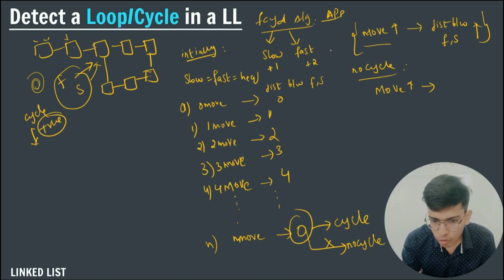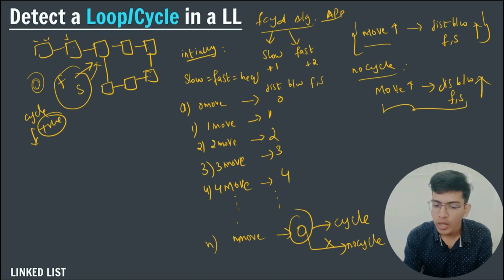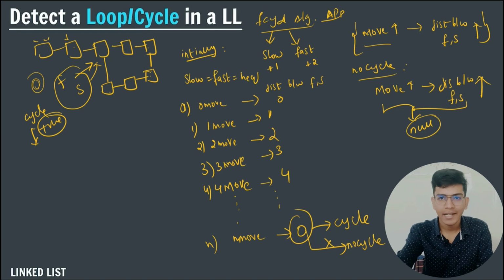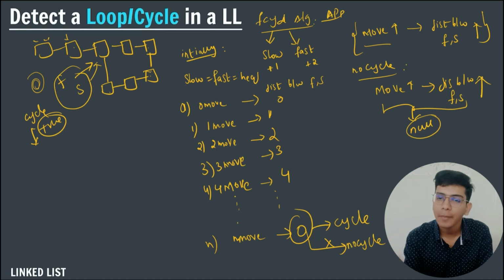So if there is no cycle, then the distance between the fast and slow will also increase, and these steps will continue until I hit my null.